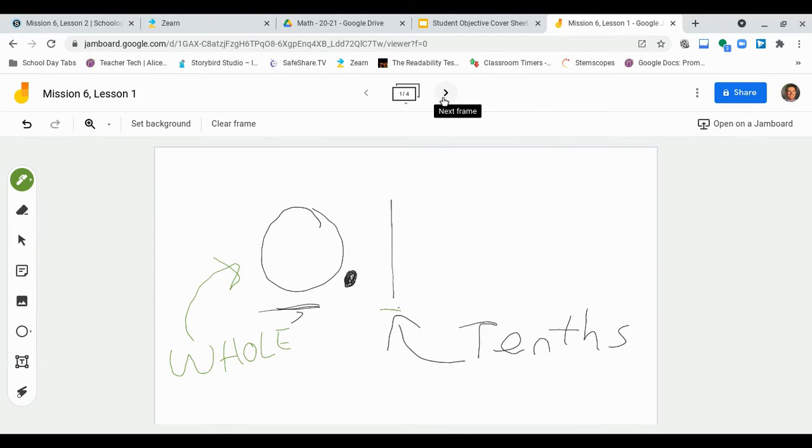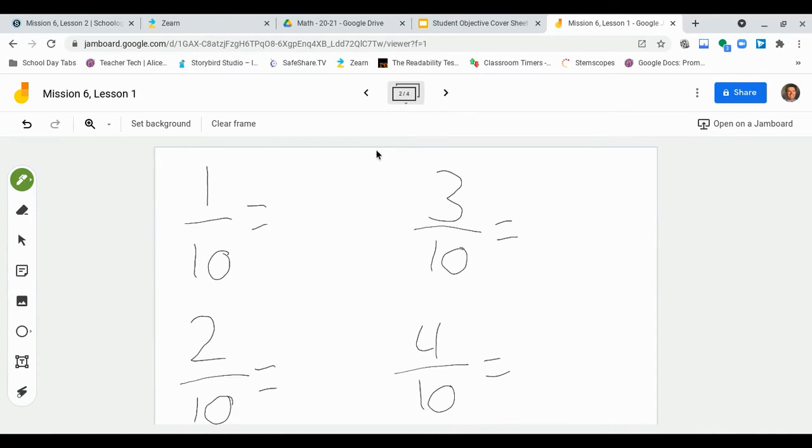Let's take a look at some examples of how we translate fractions into decimals. Here I have 1/10, 2/10, 3/10, 4/10, and we're just going to rewrite these as decimals. 1/10 we'd write like this: 0 decimal 1.